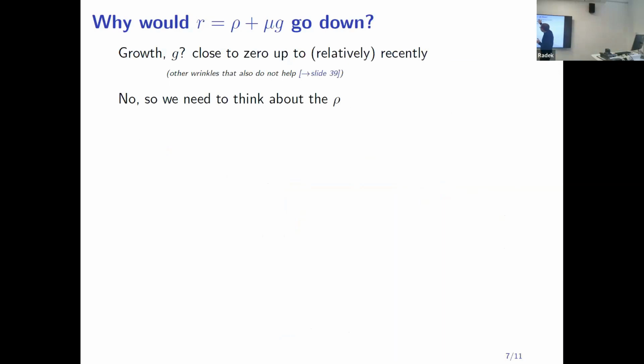The problem is that if you look over this period, growth rates were practically flat. There was no growth until the Industrial Revolution, when growth kicked off and growth rates went up like crazy. But that's going the wrong way. Growth going up would imply interest rates going up, but they're not, they're going down. So perhaps something to do with rho is changing.